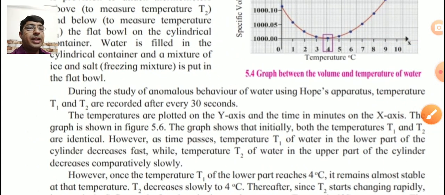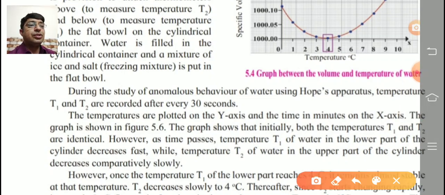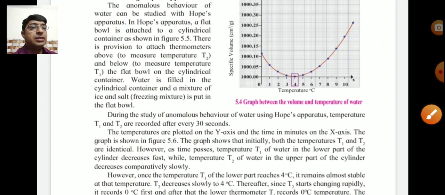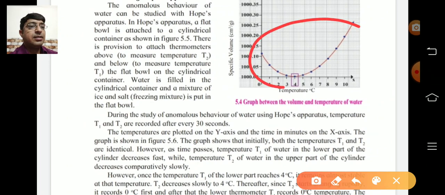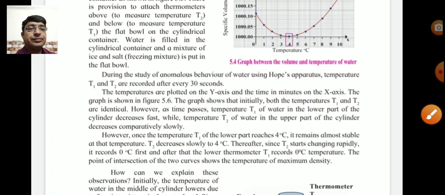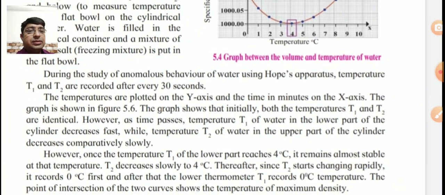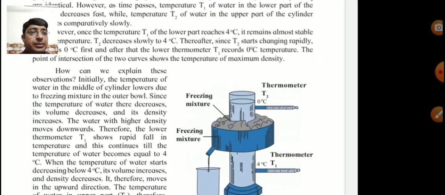During the study of anomalous behavior of water using Hope's apparatus, temperatures T1 and T2 are recorded after every 30 seconds, and the recorded readings are plotted on a graph. So we get a graph like this. Check the Hope's apparatus given on the page.